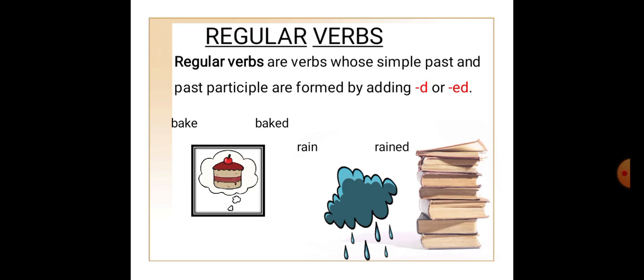So this depends on the situation. If you're studying regular verbs and e is already present in the word, you only have to add d. And if e is not present, then you have to add ed. It's the rule of regular verbs.